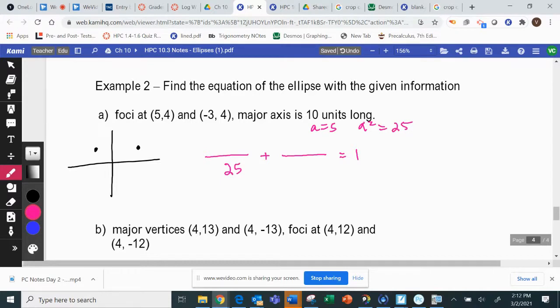We should be able to find the center. How? Marie? If you just average the x's and y's, you find the midpoint, then you'll have the center. So between 5 and negative 3, we'll have (1, 4).